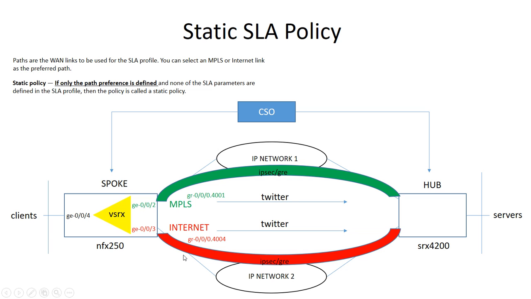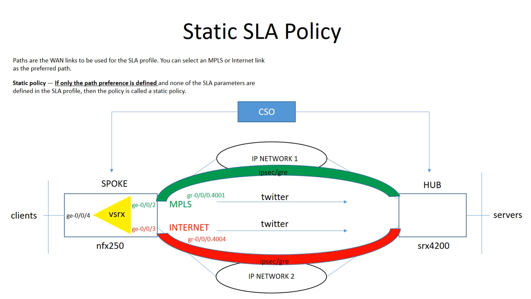For some reason, the administrator of this system wants Twitter traffic to be nailed down to the internet link. So it wants to relieve the MPLS interface from carrying the Twitter traffic. Why?